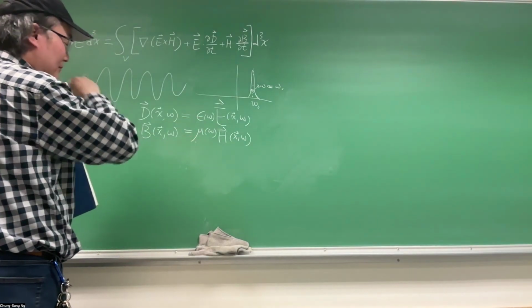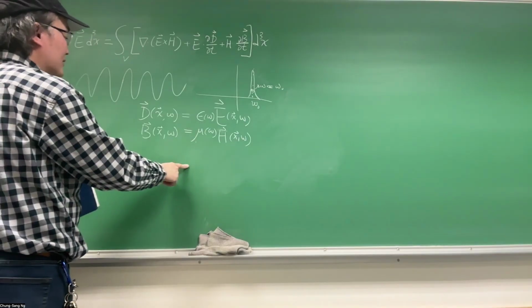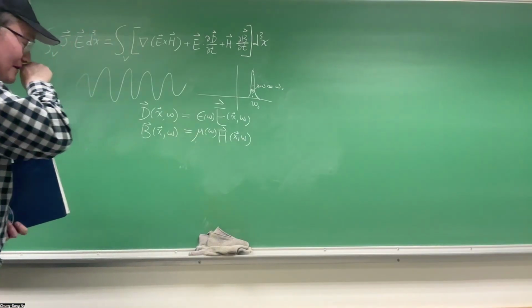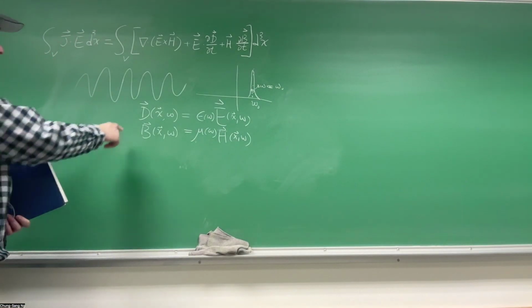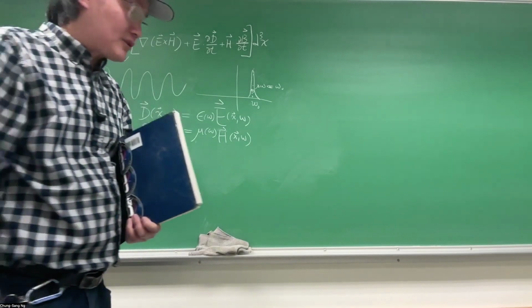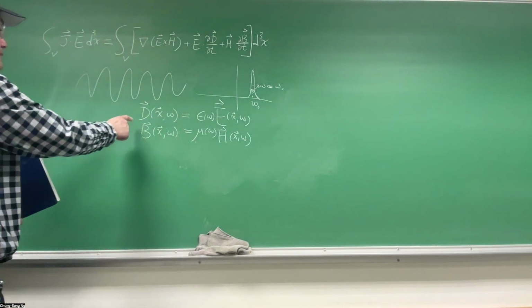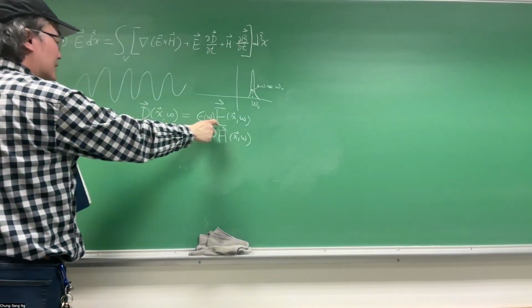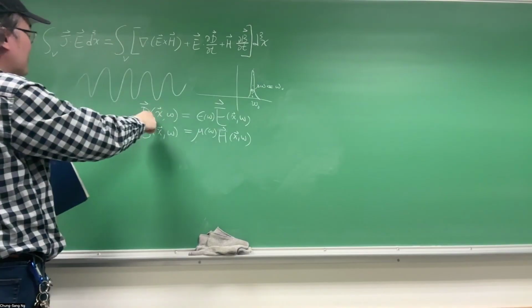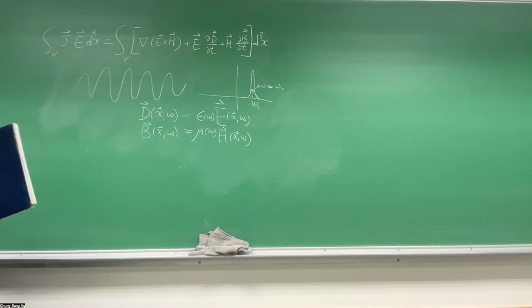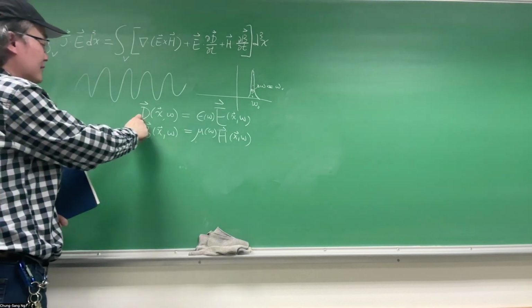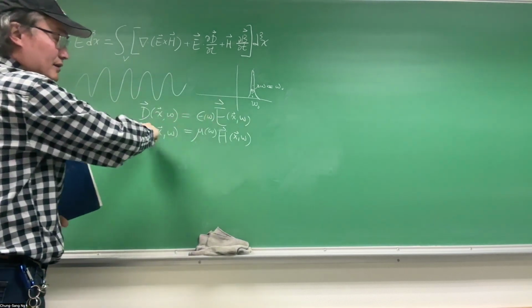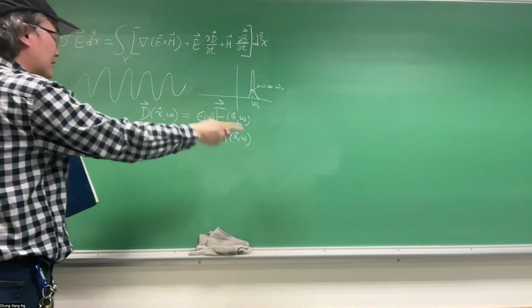And in many media, we will have something similar. Physically, it means something that we'll talk about more in chapter 7. It means that D does not just depend on E. In the usual time domain, the time-dependent D and time-dependent E are not instantaneously related.